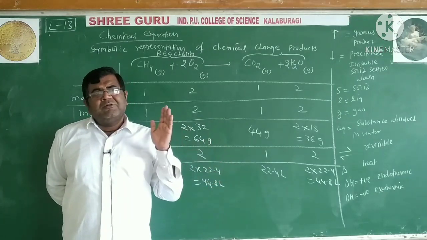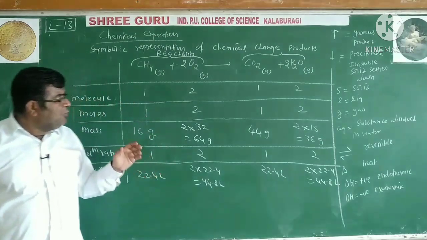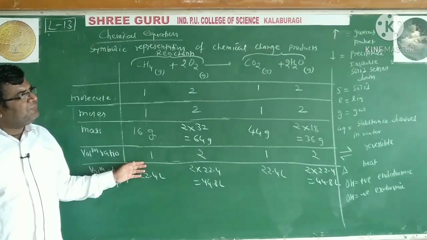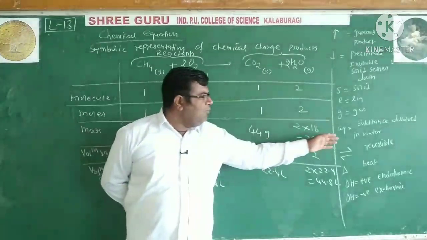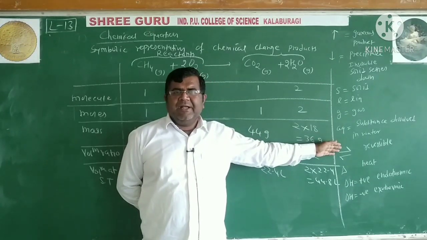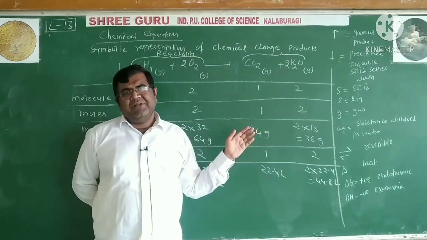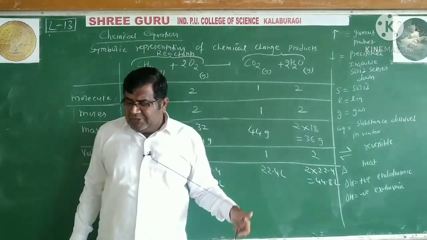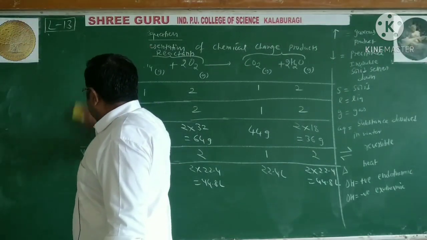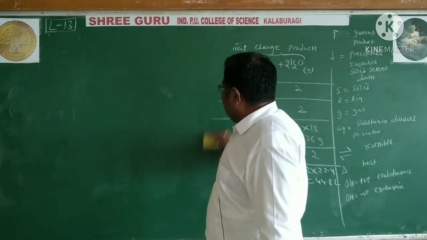But you must know what a chemical equation is and what conclusions can be drawn from a chemical equation, how it is to be made more informative, how to read it correctly, and what the limitations of chemical equations are. Now after learning this, we have to go to the next important theoretical part.